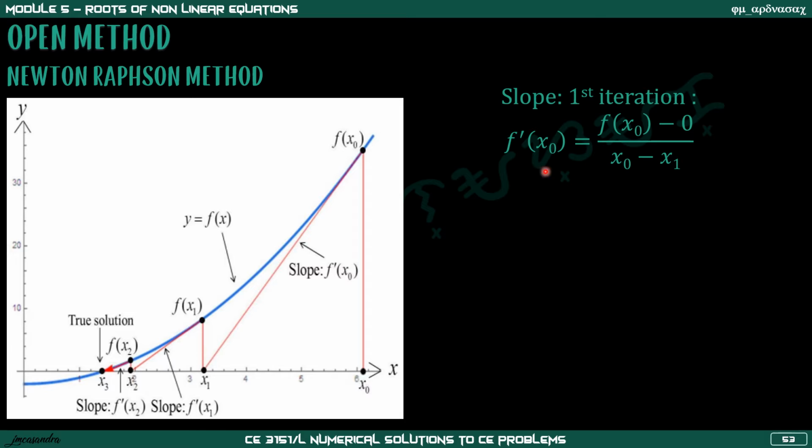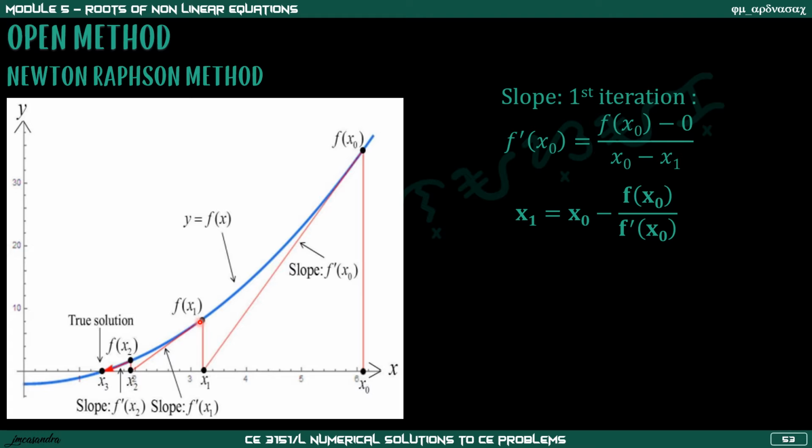So we have the derivative at x sub o, our starting value, which is the slope. The slope is simply equal to y over x, in which it is equal to the function of x sub o, which is y, minus 0 divided by x sub o minus x1. Arranging this, we could now solve for the value of x1, this value.